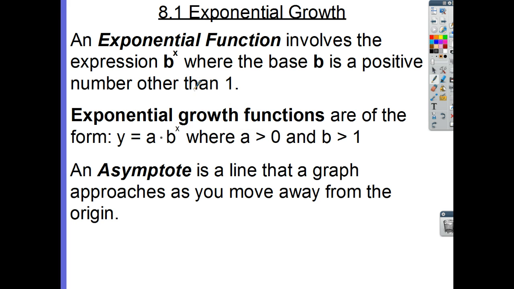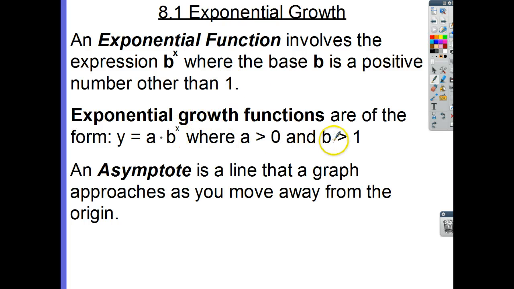As you think about it, I think you'll realize that to say that b is positive and it can't be 1, well, this is going to include bases like 1/2, which is positive but it's less than 1, up to something right before 1, like 15/16, and of course numbers that are bigger than 1, because all we're doing in this definition here is excluding the number 1. We're saying it's positive and it can't be the number 1.